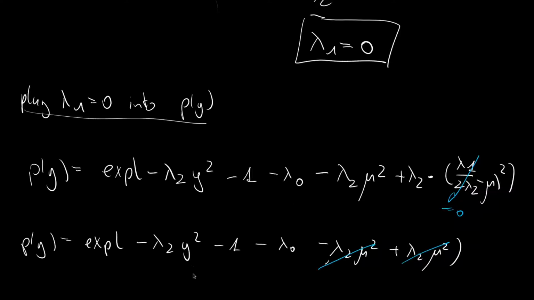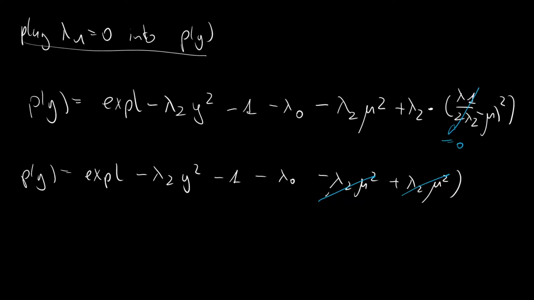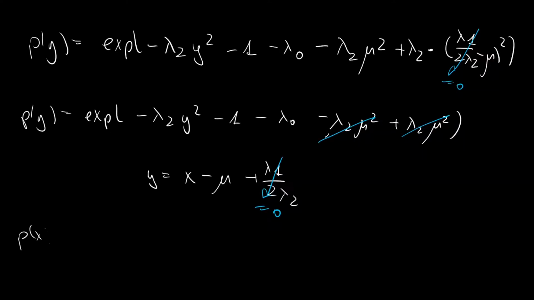Then we can also go back to x, and we say that y was nothing else than x minus mu plus lambda 1 over 2 lambda 2, and this will also be 0 again. And then we have our p of x, and we are getting closer to the Gaussian step by step, and we have a minus lambda 2 times x minus mu in brackets squared minus 1 minus lambda 0.